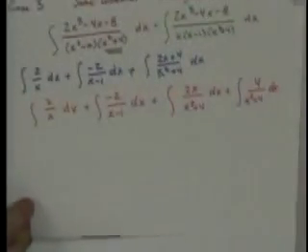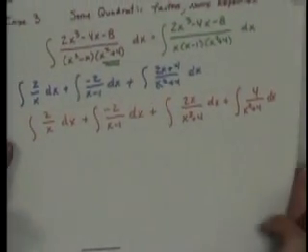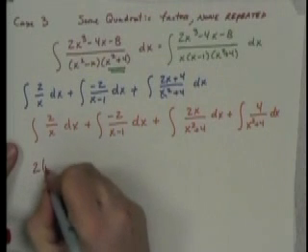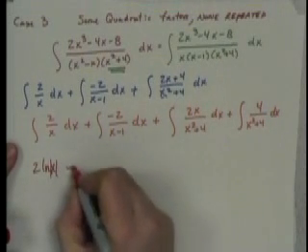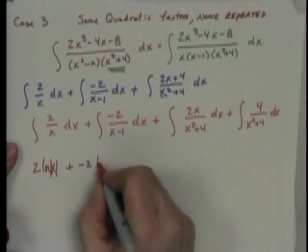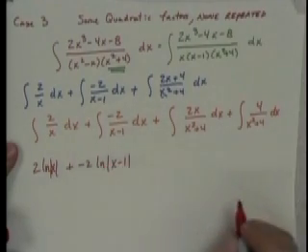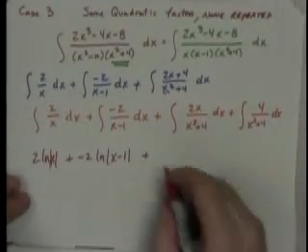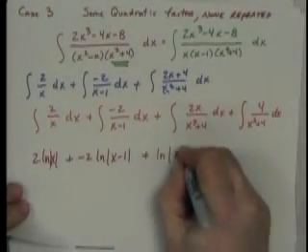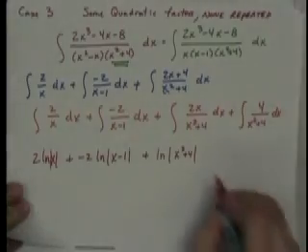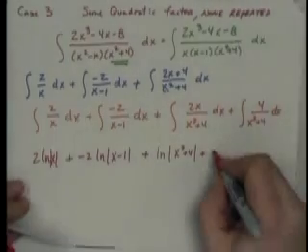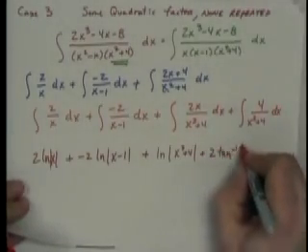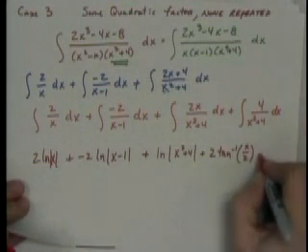All right, so I'm going to put all those together back here. This one's 2 times the natural log of x, negative 2 times the natural log of x minus 1. The 2x over x squared plus 4 ended up being the natural log of x squared plus 4. And then this one ended up being 2 times the inverse tangent of x over 2.